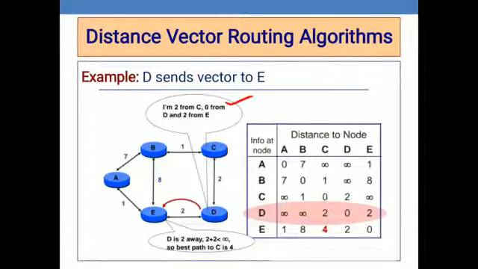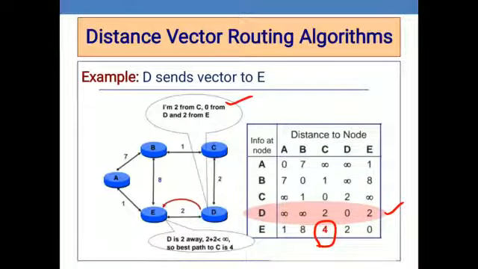So D is updating here. What are the D values? D to A, it is infinite. D to B, it is infinite because there is no direct connection. D to C is 2, D to D is 0, and D to E is 2. So 2, 0, 2. Now, first we need to update the value of C here, because E to C, there is no direct link.